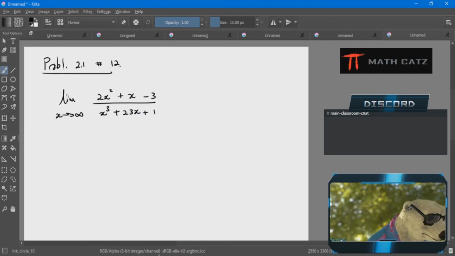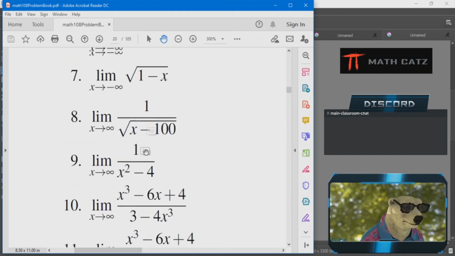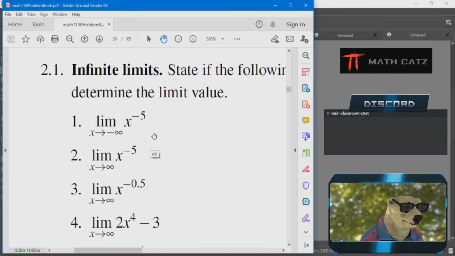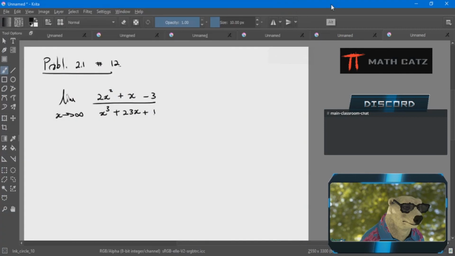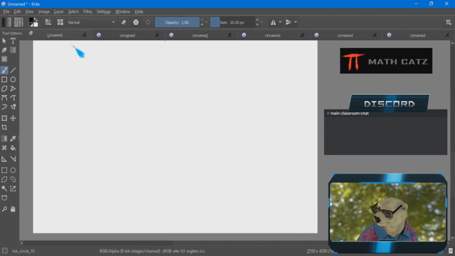I just want to make a side note since I forgot to really explain the heading of this problem set, infinite limits. When x approaches positive or negative infinity, we call them infinite limits. That does not mean the answer is infinity. The answer could be anything. It's about the behavior of x.